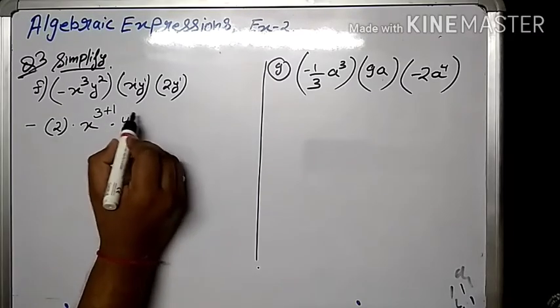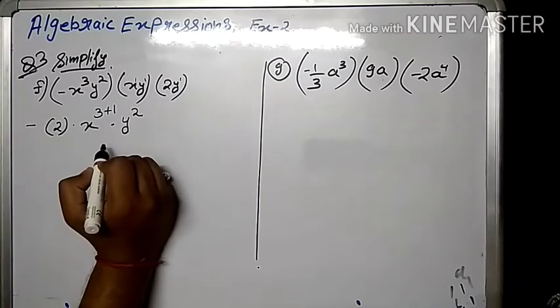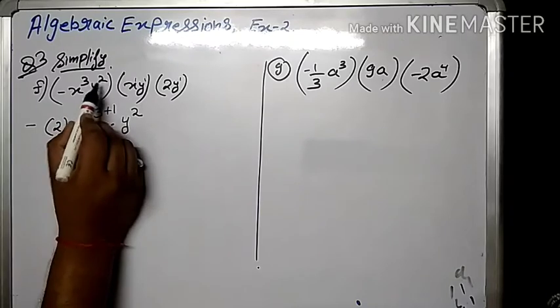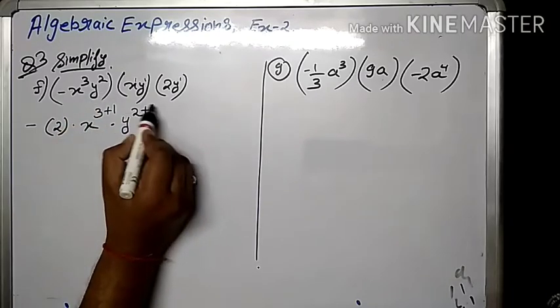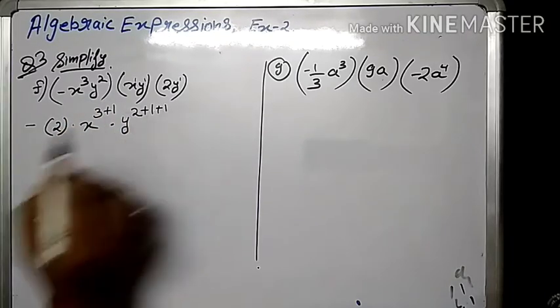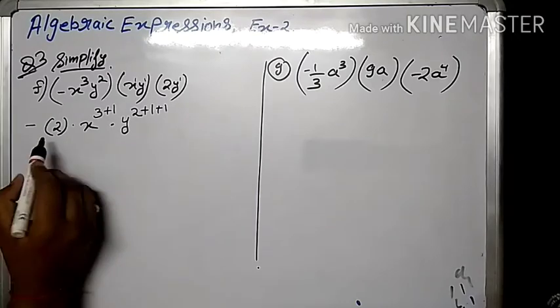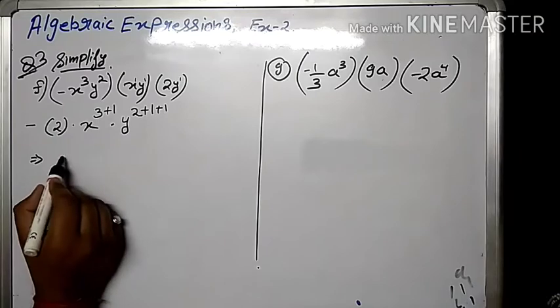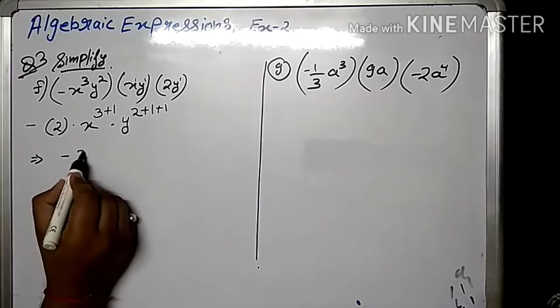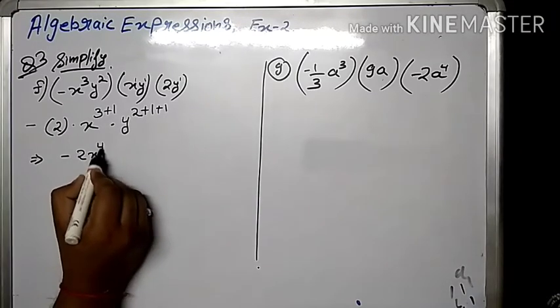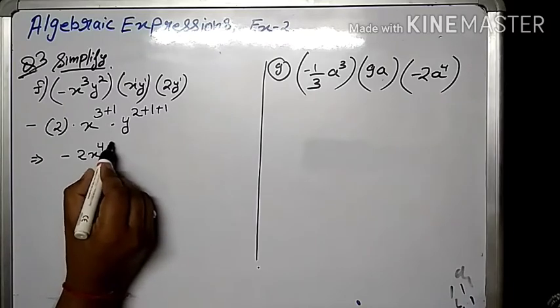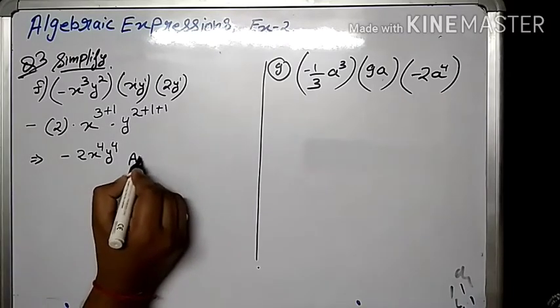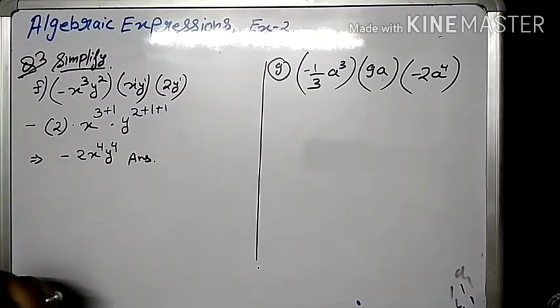Second is y 2 over here, then 2 is here, plus 1 is here, plus 1 is here. So it becomes, now only one negative sign is there, so the whole answer will be minus 2x to the power 4 y to the power 4, and that will be the answer.